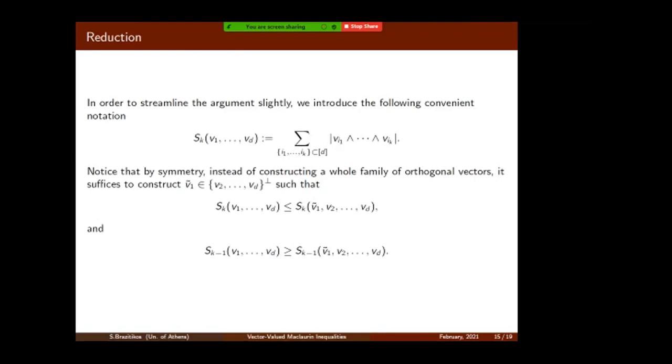And if we do this, then repeating the procedure, we can make all vectors orthogonal, and therefore reduce our inequality to the classical Maclaurin inequality.